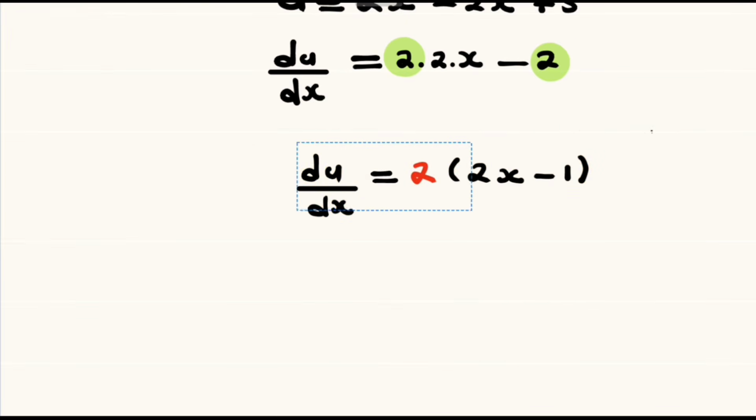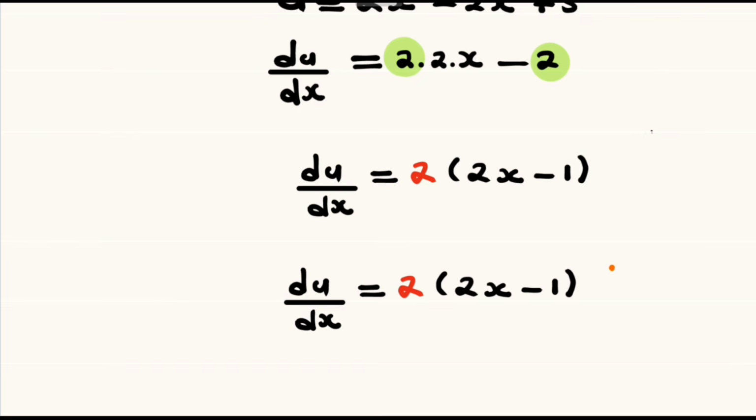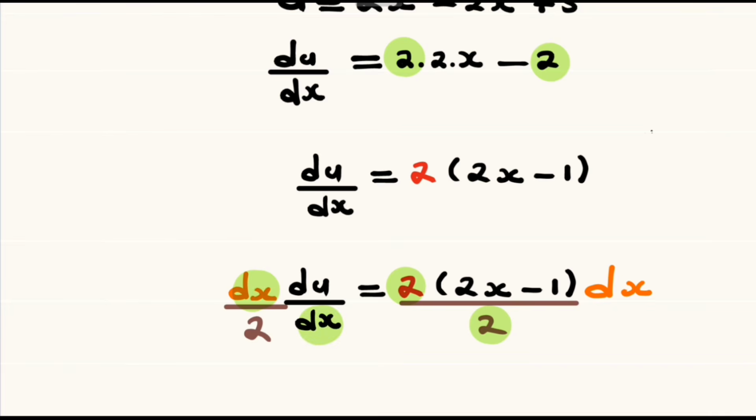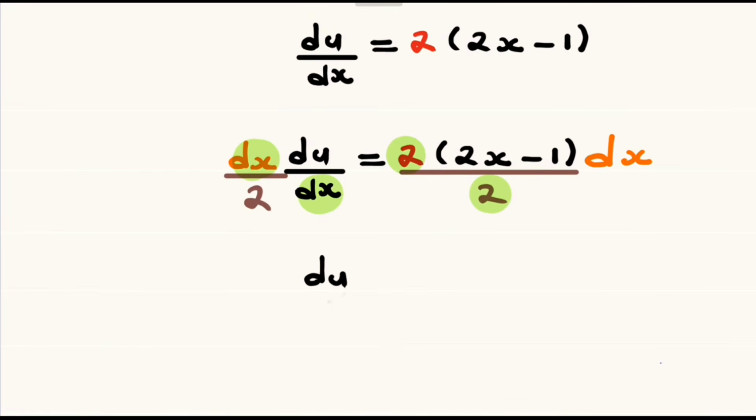So we are going to multiply both sides of the equation by the dx, and also divide both sides of the equation by the 2. On the right hand side, that 2 divided by that 2 will be 1, and the dx divided by the dx on the left will be 1, such that we have du divided by 2 on the left, which will be equal to the 2x minus 1 multiplied by the dx.